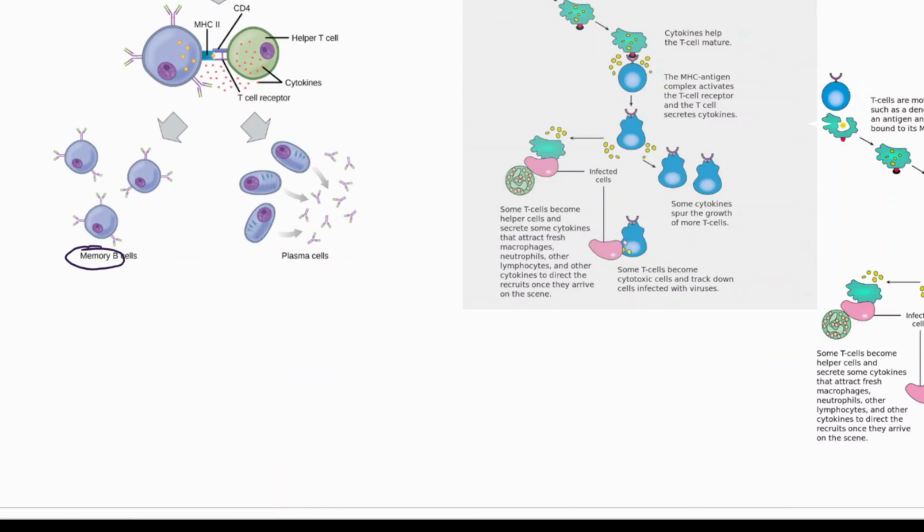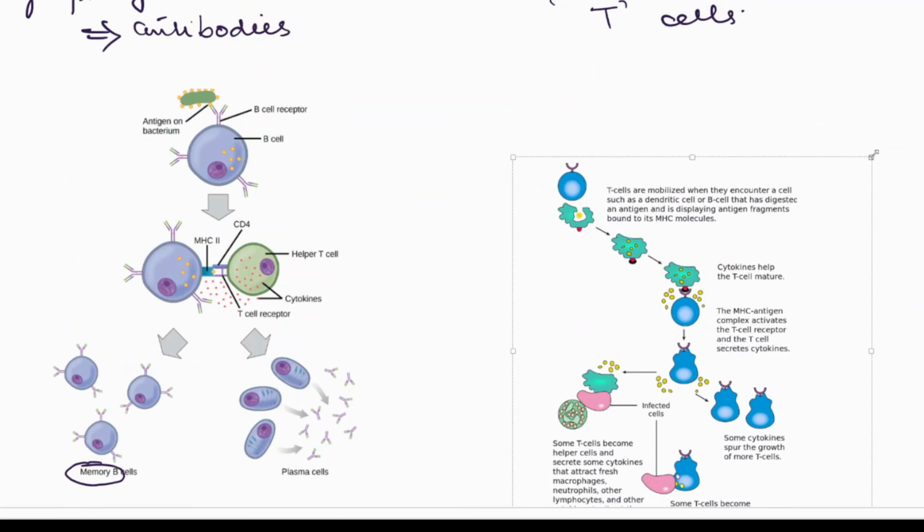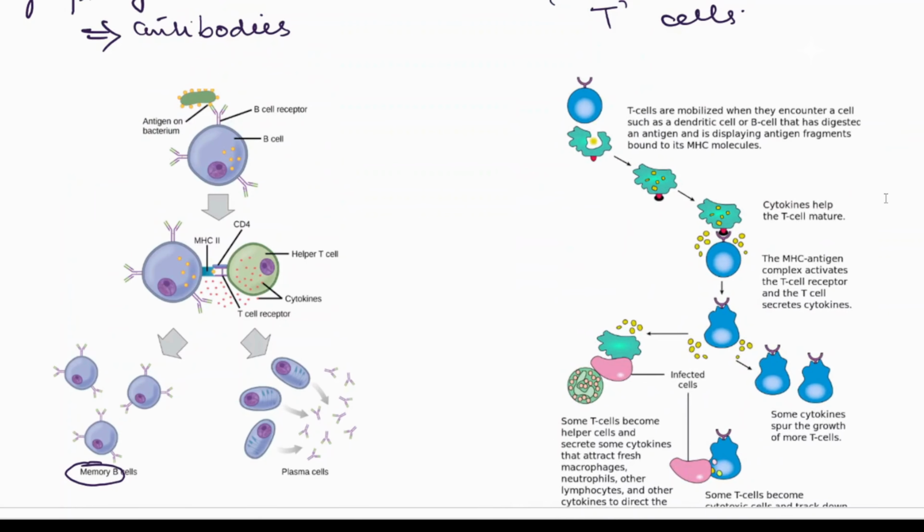So T cells, as we have discussed, there are two types of T cells. One are the killer cells and one are the helper cells. So helper cells get attached to the B lymphocytes and help them to destroy the pathogen. It's written that T cells are mobilized and they move to the B cell and get attached to the B cell.